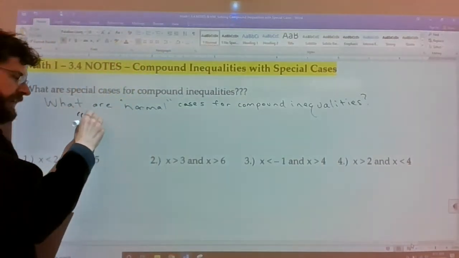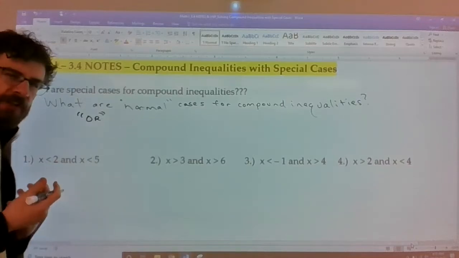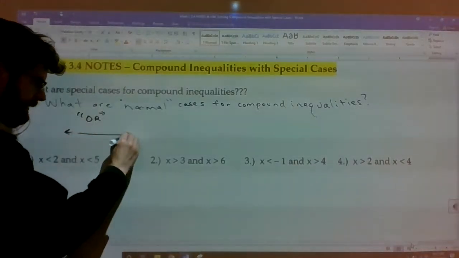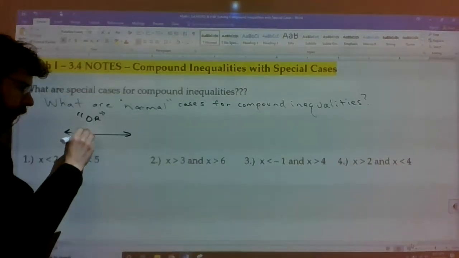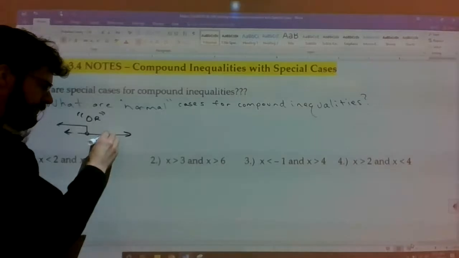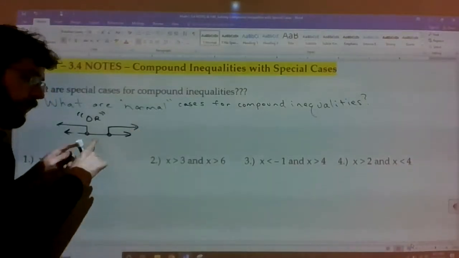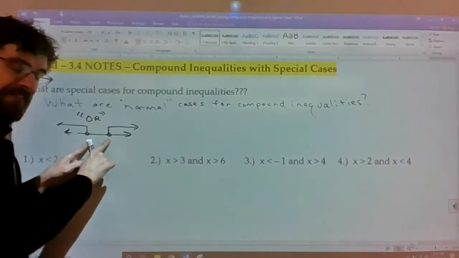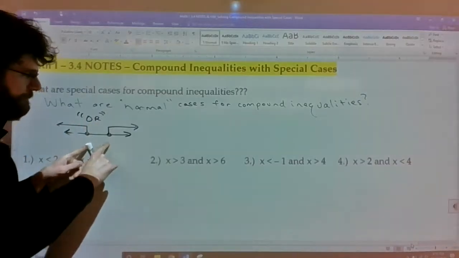So if it's an or statement, what are we used to? Well, we're used to, on a number line, maybe one going to the left and one going to the right like this, where there is no shared space. Okay, so ors have traditionally just done this.